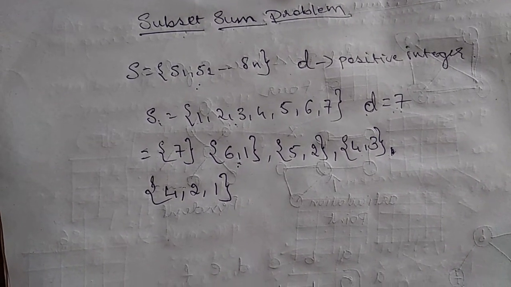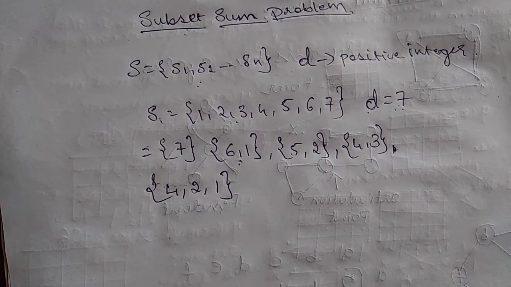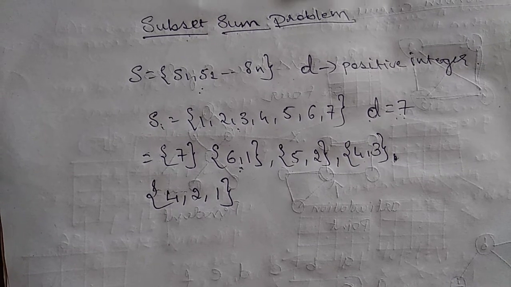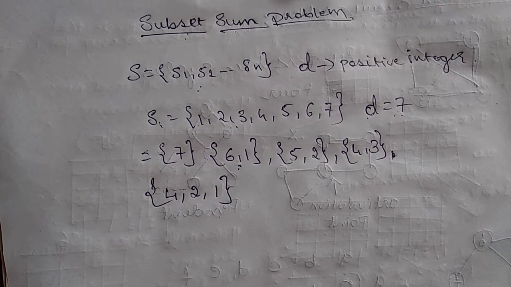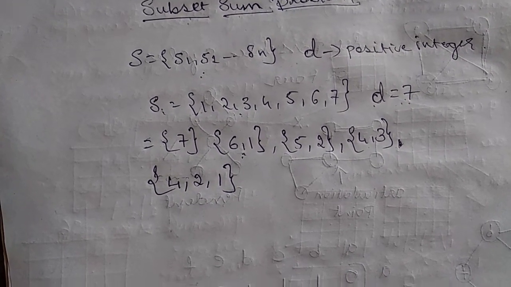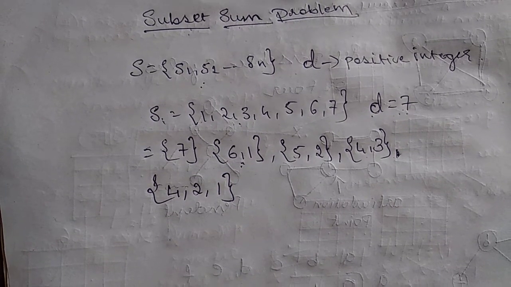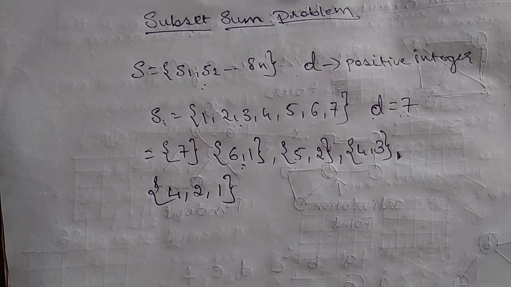Now we need to see how you have to solve this using backtracking. Here the root will always represent the starting point. Starting point means here I cannot take any decision about the starting point.